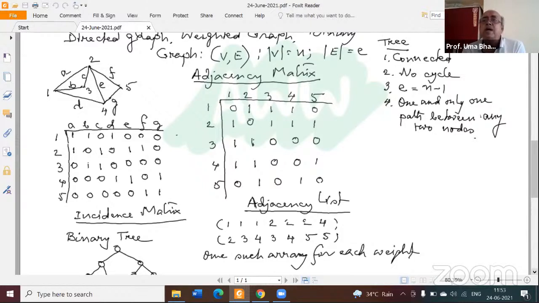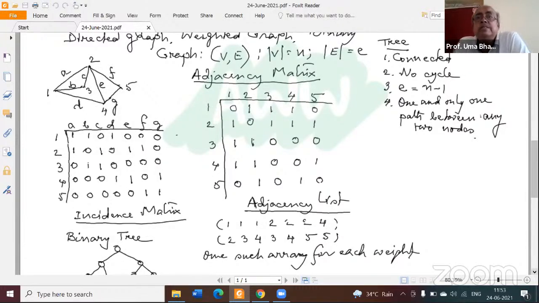And for those who are familiar with matrix algebra, it's much easier to handle square matrices than matrices which are not square in nature. That means where n and m are same. And handling adjacency lists is a bit clumsy. But again, some algorithms use that. But during our discussions, if we don't say anything, we will go by adjacency matrix.